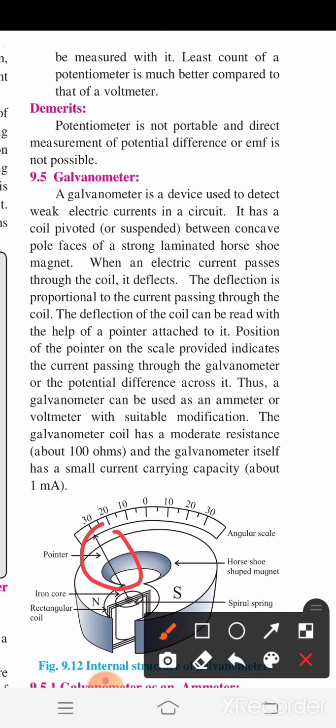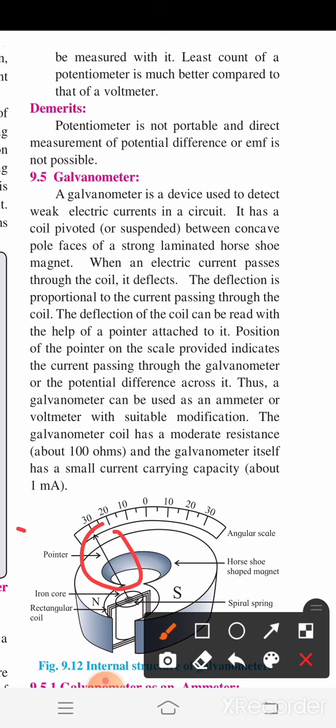The position of the pointer on the scale provided indicates the current passing through the galvanometer or the potential difference across it, which is measured with the help of the pointer reading the deflection in the coil.